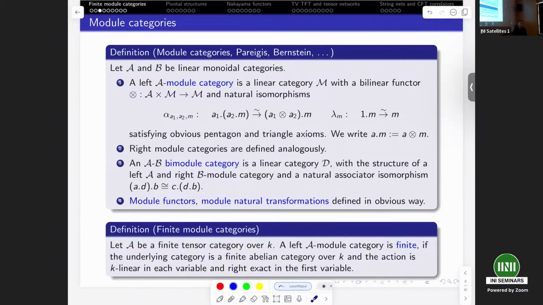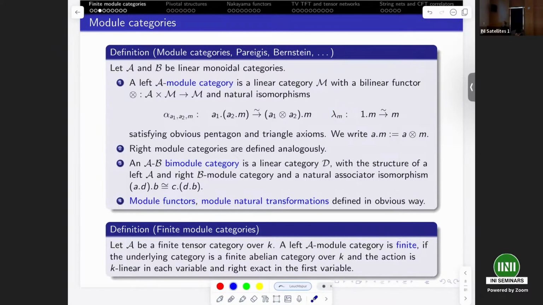So think of a monoidal category as the categorified version of a ring, and this is the categorified version of a module. So there is an action functor, and there should be an axiom for an action, but we never ask for equality. We introduce isomorphisms, and these isomorphisms have to obey coherence conditions. Then this is a pentagon, and for the unit constraint, it is a triangle axiom.